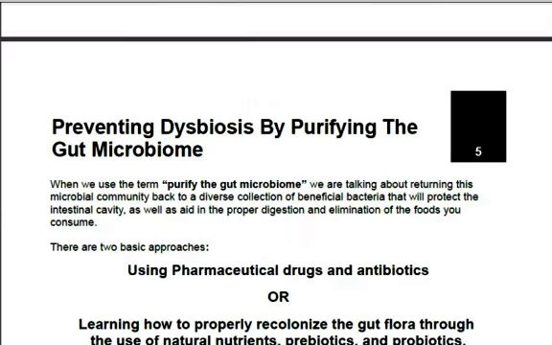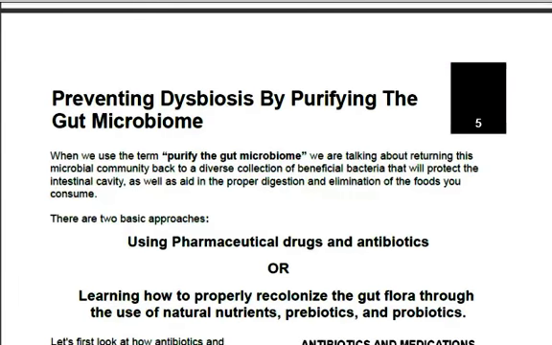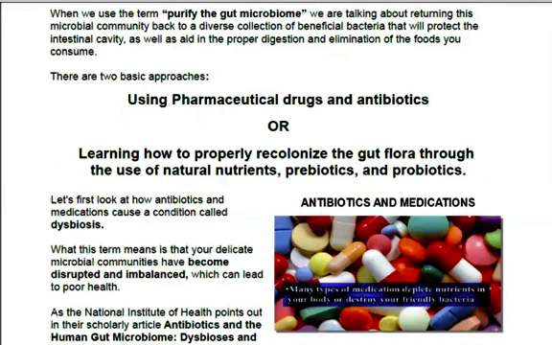Now, the next section is called Preventing Dysbiosis by Purifying the Gut Biome. One of the things we want them to understand is that people think antibiotics and medications are helping them solve health issues, but in reality, antibiotics and medications are actually creating dysbiosis in their abdominal cavity, which then makes them more susceptible to illnesses and problems.